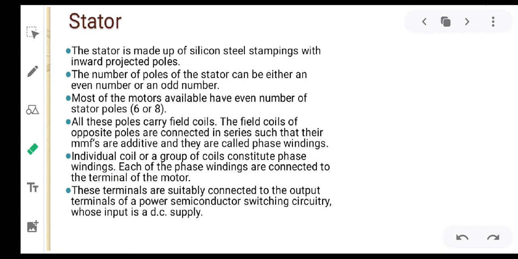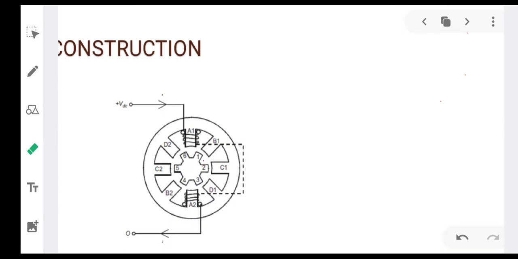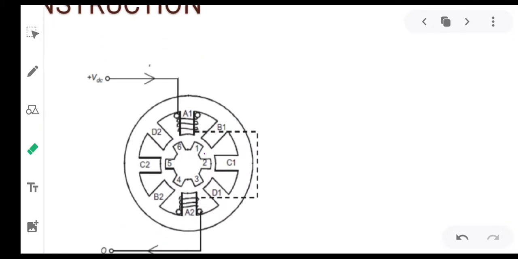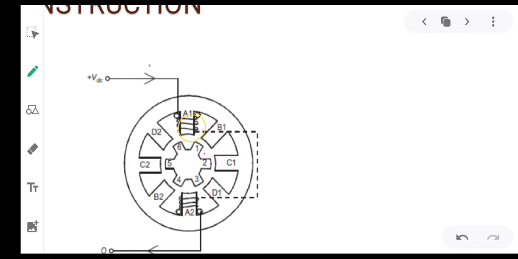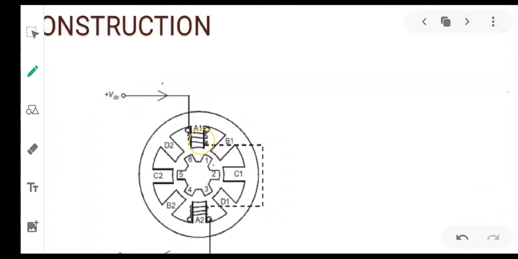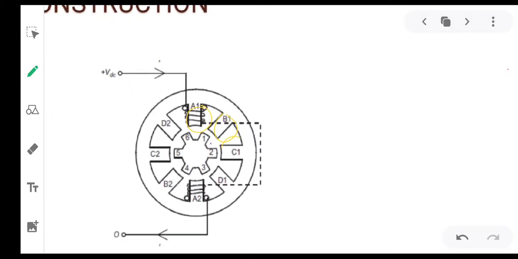Here you can see that this is a pole, and this is another pole. So these are all poles, and it can be an even number of poles or an odd number of poles, and over the poles there are windings.